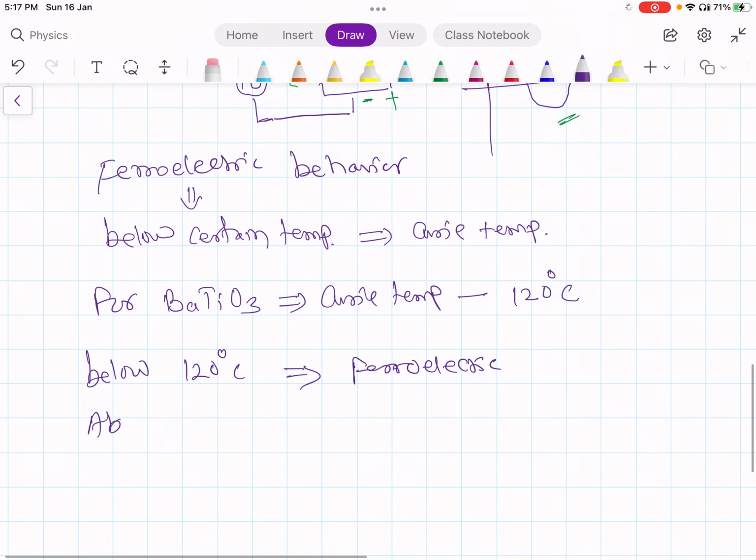And above 120 degrees, it shows a dielectric behavior. So below 120, ferroelectric. Above 120, dielectric. Why does this happen? What changes take place in the structure so the material transforms from ferroelectric to dielectric or dielectric to ferroelectric? To understand that, let us draw the unit cell of barium titanate below 120 and above 120.